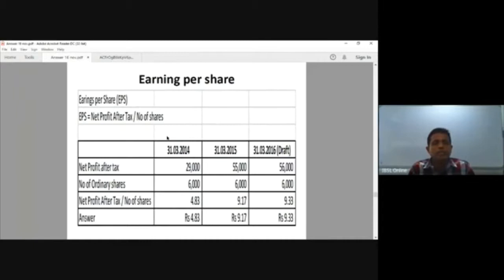Right? Therefore, net profit after tax divided by number of ordinary shares. Then the earning per share is rupees 4.83, 9.17, 9.33. The higher the earning per share, the better it is.